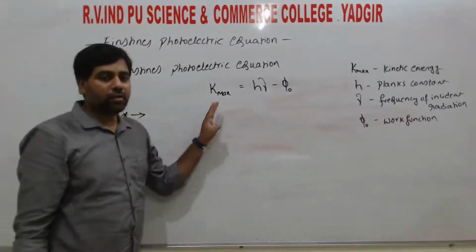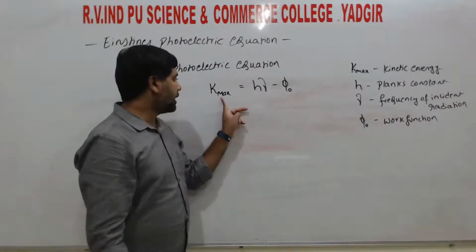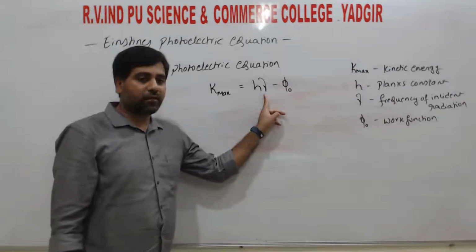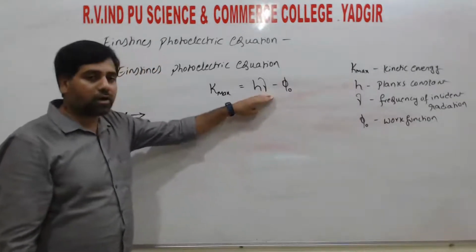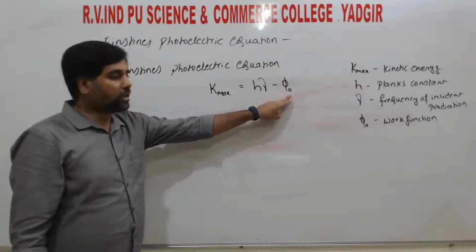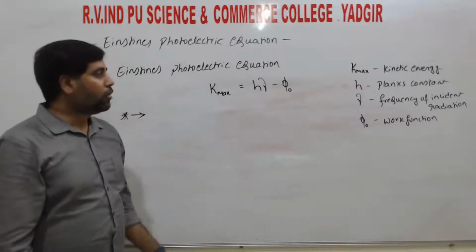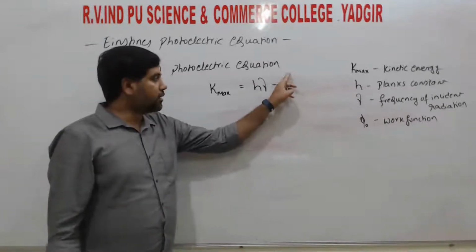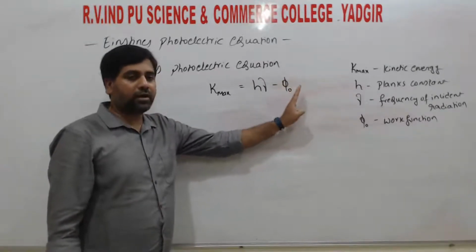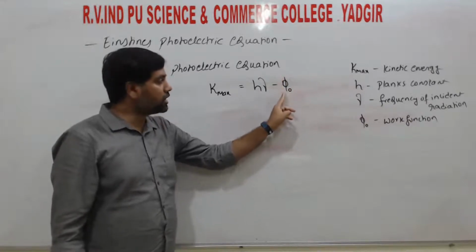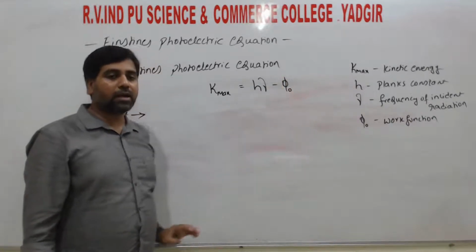Now we will discuss one by one. Kinetic energy maximum is equal to the incident photon, that is the incident quanta of energy, h nu, minus phi naught, that is the work function. Different metals have different phi naught values, so phi naught is constant for a particular metal.